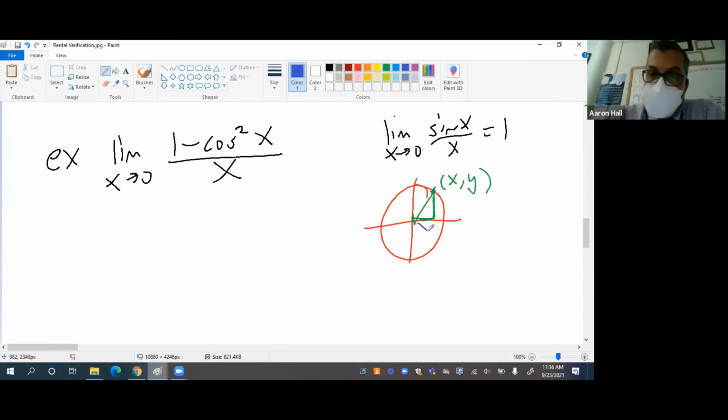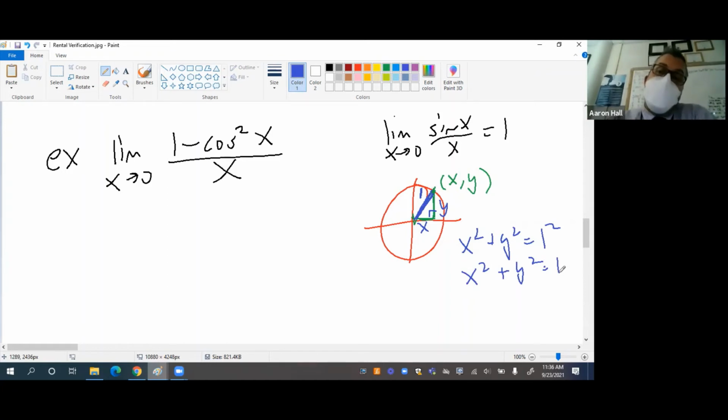That means that this is our x and our y, and for a unit circle, this radius is what? It's 1. So if we write this using the Pythagorean theorem, that would be x squared plus y squared equals 1 squared, which is just x squared plus y squared equals 1.